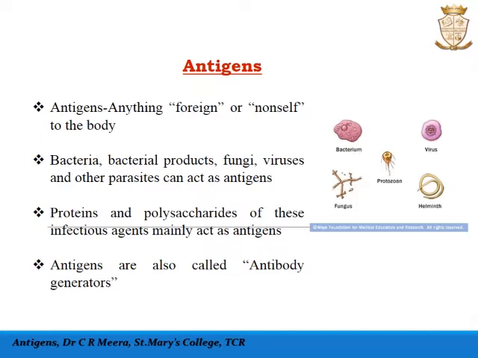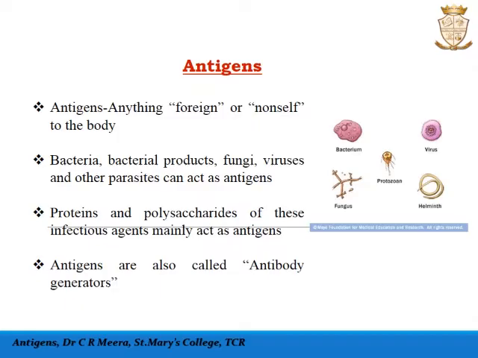The lymphocytes in our system produce specific immunological reactions against the antigens, leading to their removal from the body, thus preventing the development of an infection or disease due to that particular antigen.